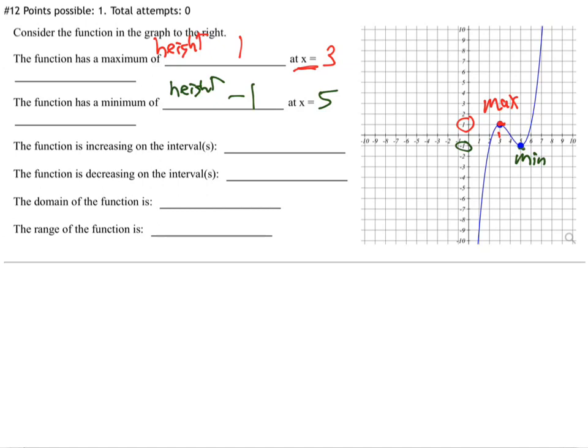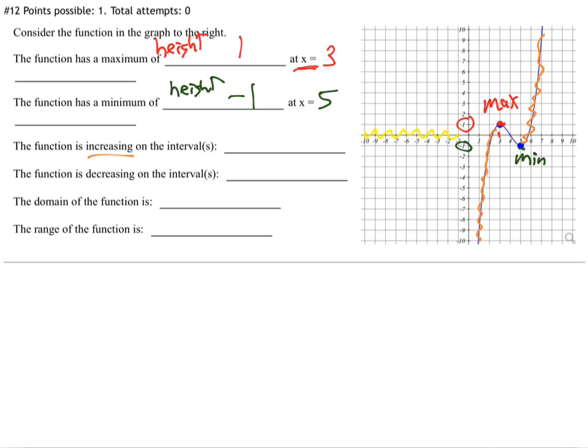Now, where is the function increasing? Yes, again, that's the roller coaster as we go from left to right. When are we going up? We're going up in this section, and we're going up in this section, aren't we? Those two sections, as you go from left to right, we're going uphill. Remember, it's always the portion of the x-axis.